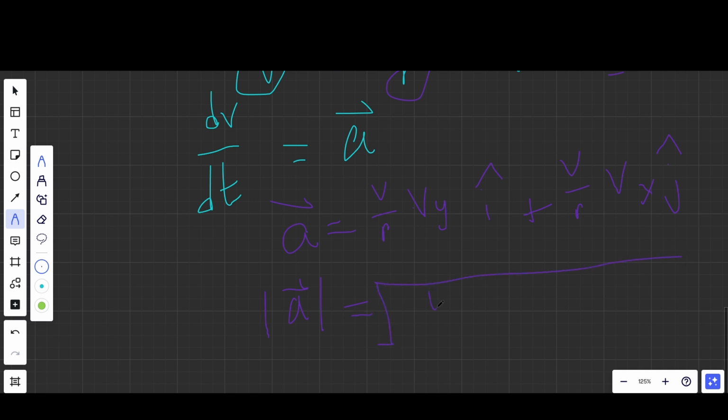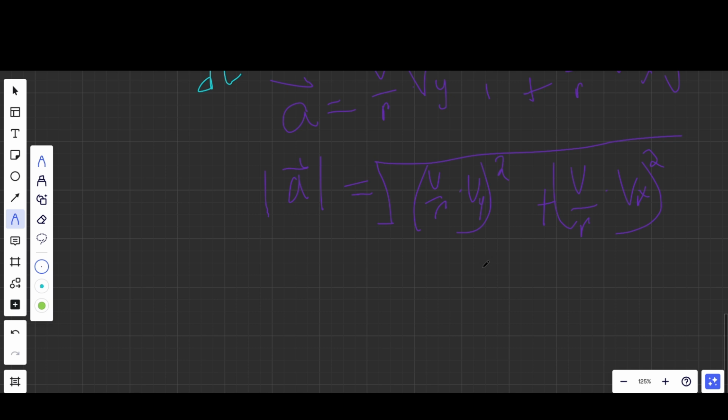So V over R times Vy, whole squared, plus V over R times, sorry, I just messed up, Vx, whole squared. If you multiply it together, that should be V squared over R squared times V squared, and then this will cancel out.